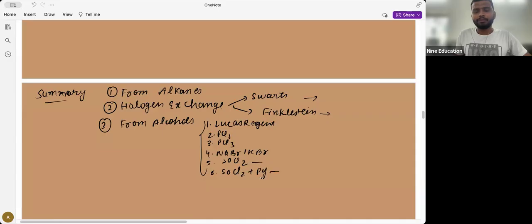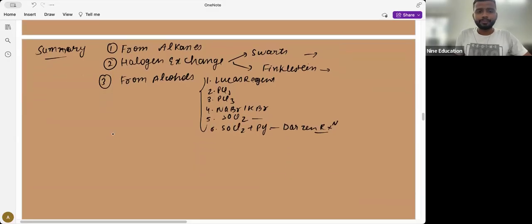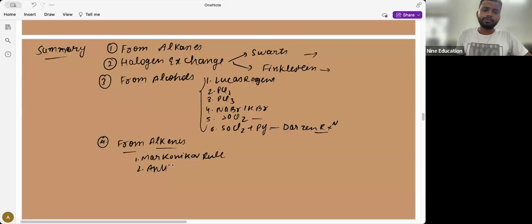They have different mechanisms. This is known as the Darzens reaction. After this, we made them from alkenes. From alkenes, we learned the rule was Markovnikov's rule. The second rule was anti-Markovnikov's rule. You should know where to use Markovnikov and where to use anti-Markovnikov.